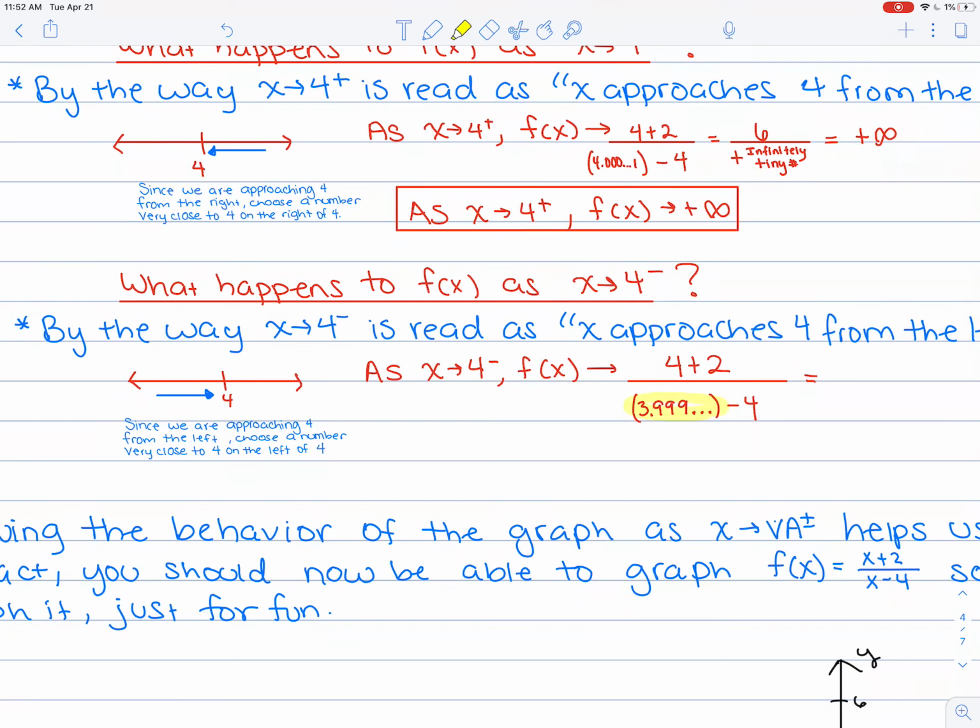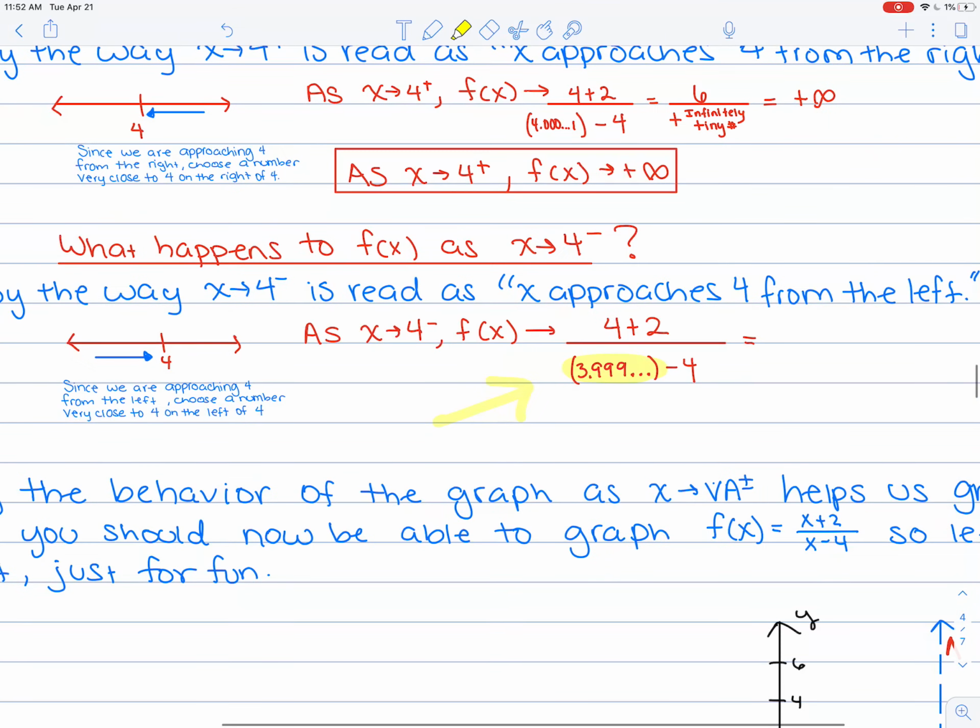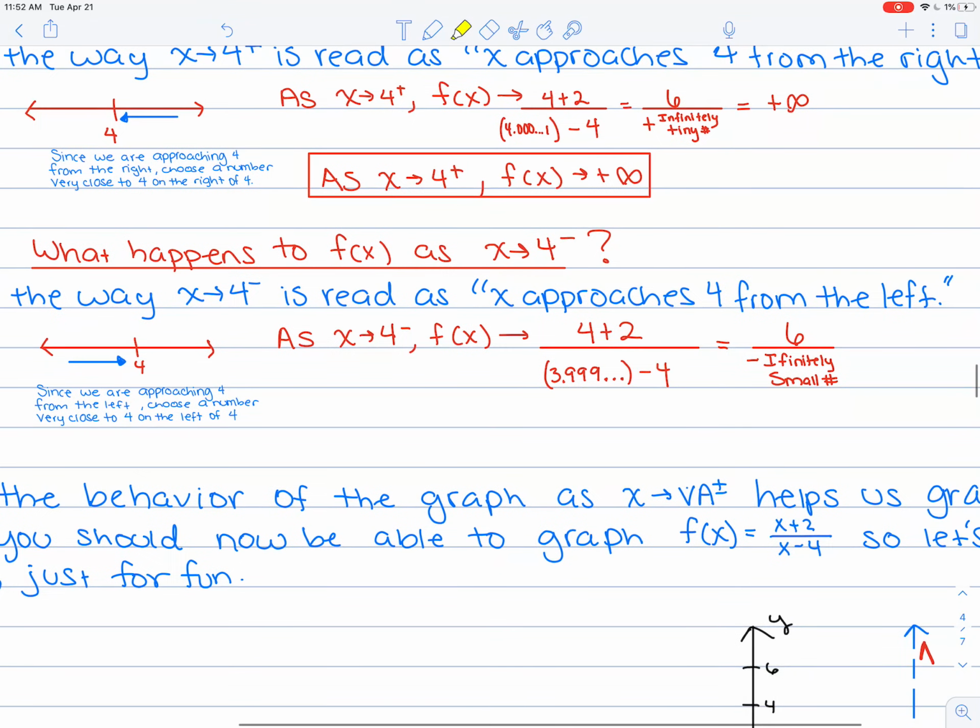As you can see where I'm highlighting, I plugged in 3.9999. If I subtract 3.9999 minus 4, what do I get? An infinitely small, tiny little negative. It's like negative 0.000, infinite zeros, 1. So what do I get?